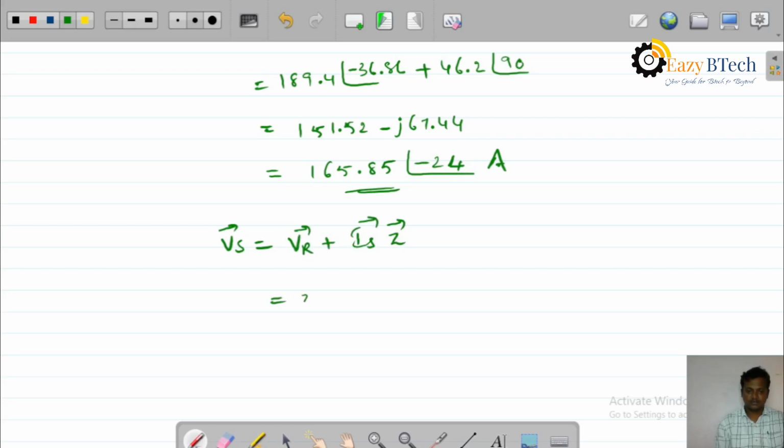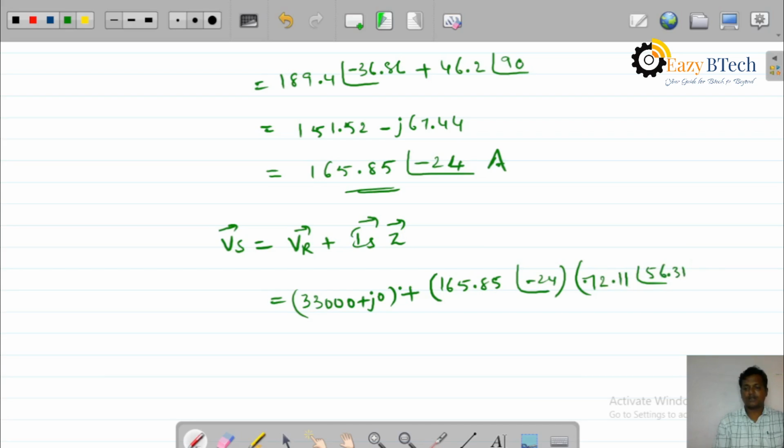Next, VS vector equals VR vector plus IS vector into Z vector. VR vector is 33,000 plus J0, plus IS vector, which is 165.85 at an angle minus 24, into Z, which is 72.11 at an angle 56.31.